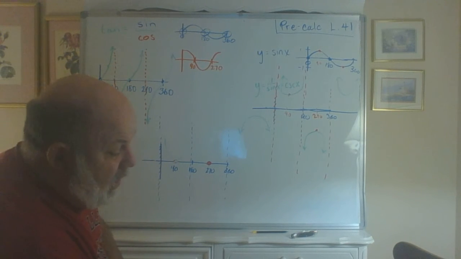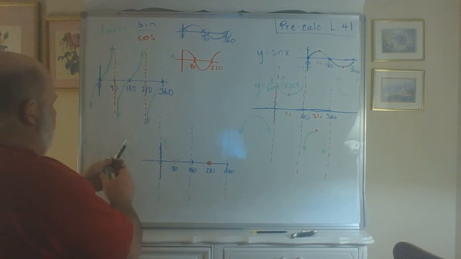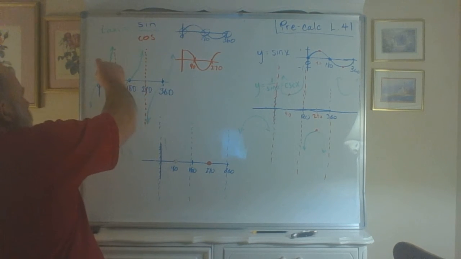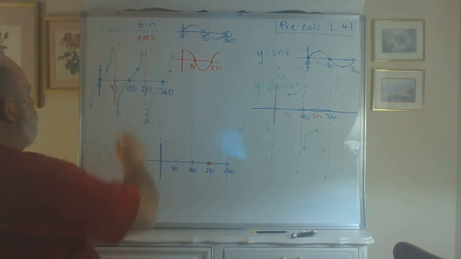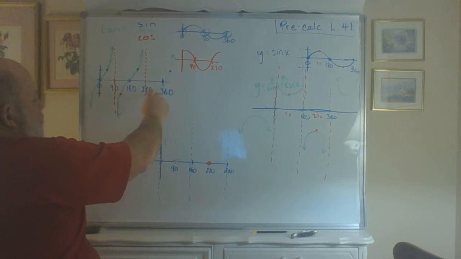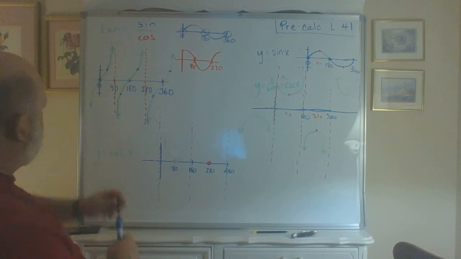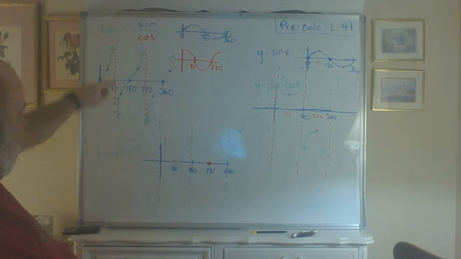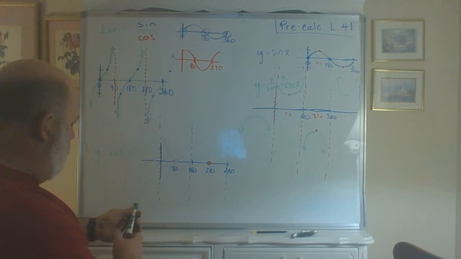Well, one other thing. Rule 2 at the top of page 210 says that wherever you have a y value of 1, that point will show up in the reciprocal function. Where you have a point of -1, those points will also show up in the reciprocal function. So here I cross through 1 at about 45. So here's 90 at 45.